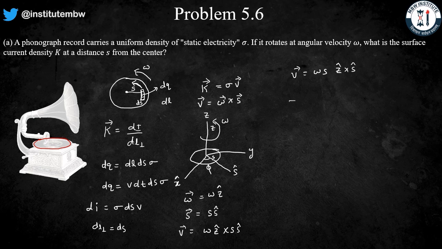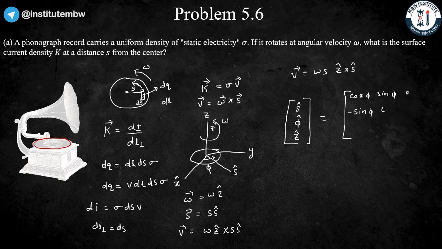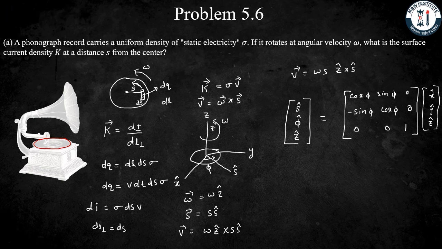So this matrix is as follows, that is having s cap, phi cap and z cap is equal to cos phi, sin phi, 0, minus sin phi, cos phi, 0, 0, 0, 1, times x cap, y cap, z cap. So we can easily relate the unit vectors of cylindrical coordinate system and unit vector of Cartesian coordinate system using this matrix.